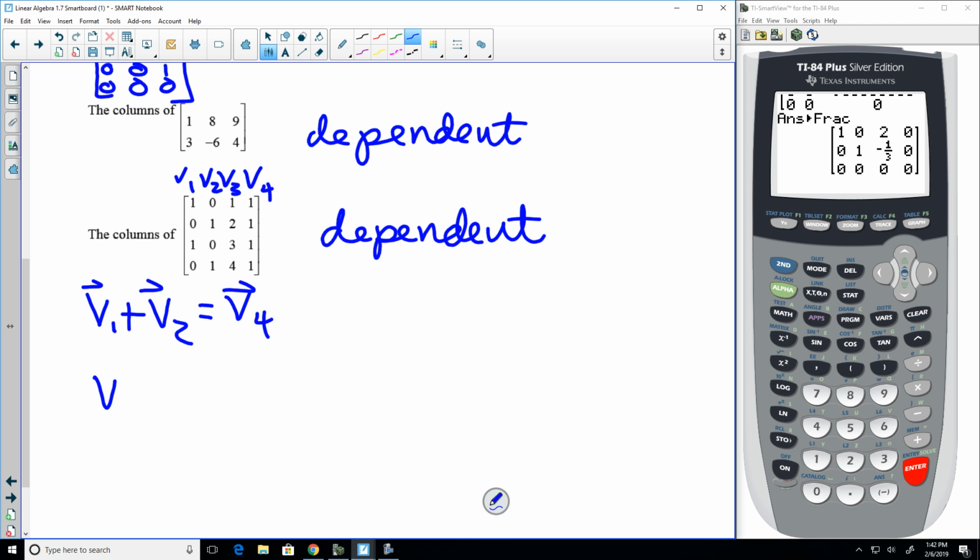I say 1 times V1 plus 1 times V2 plus 0 times V3 equals V4. That means they're dependent. So we'll get a free variable if we row reduce it. And sometimes that's hard to see, and it's okay. Your last resort is to row reduce it and see if you have free variables.